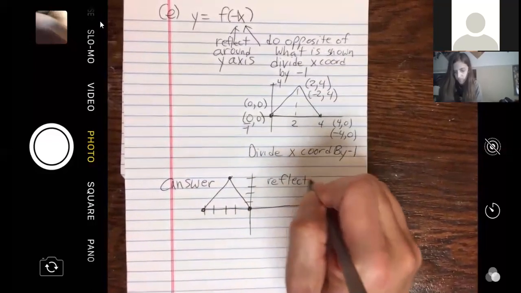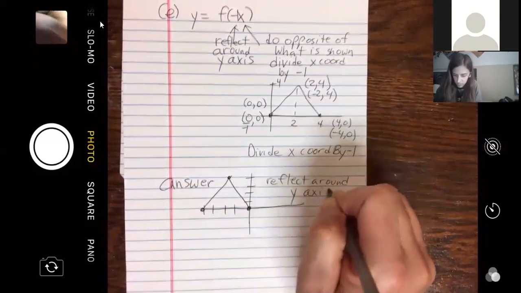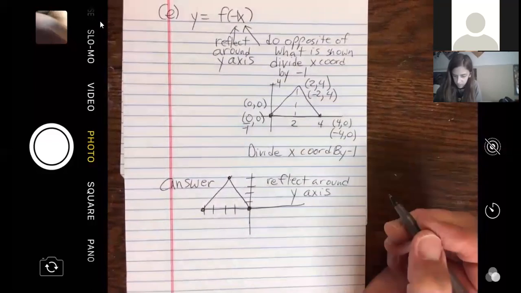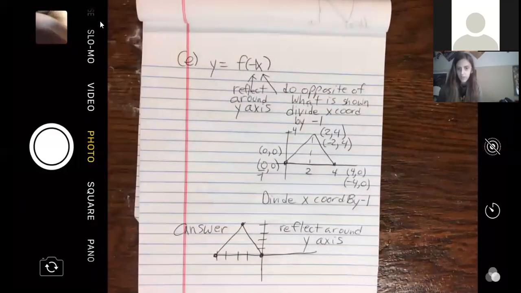Reflect around the y-axis. Questions about that? Nope. Yeah. Ready for F? Yes, I am.